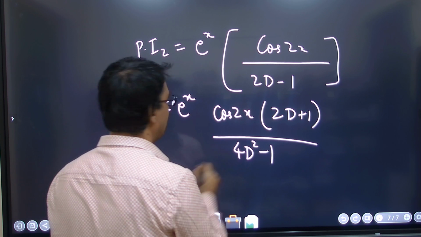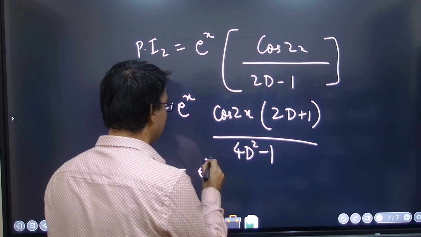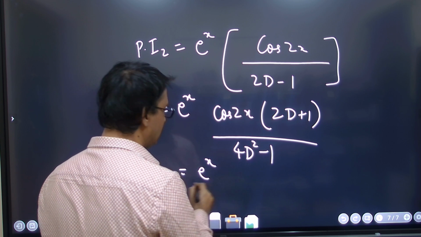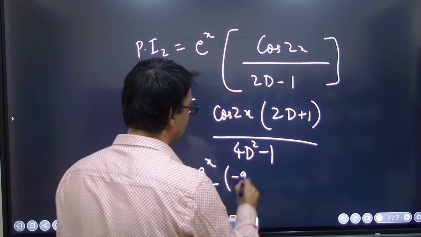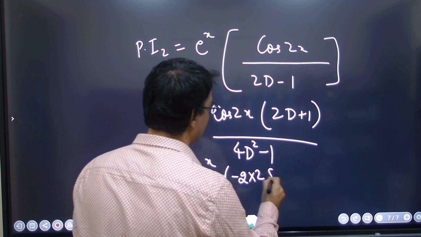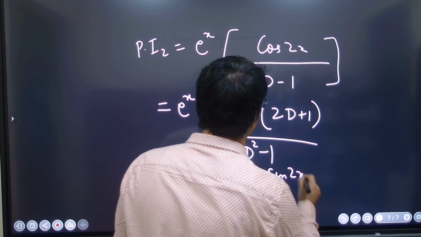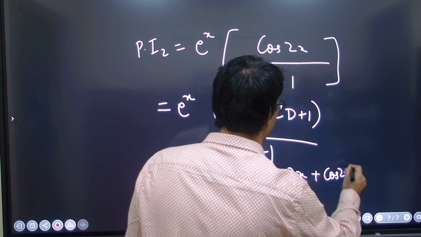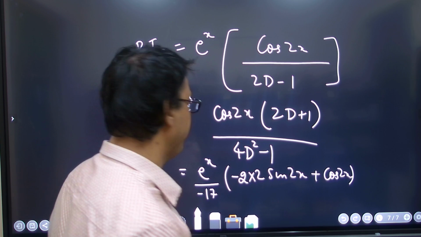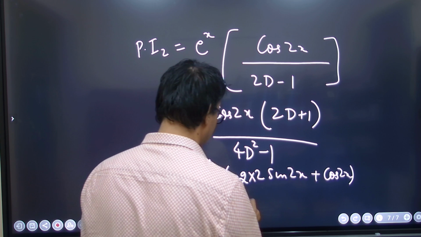Now this is again minus; you would see minus 16 minus 1, that is minus 17, and this is minus of 2 into 2 sin of 2x plus cos 2x. So this is our PI2.